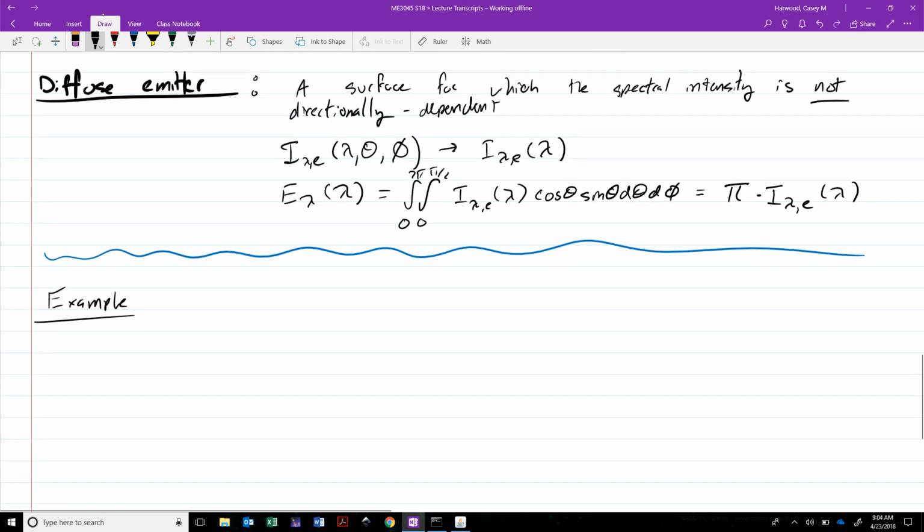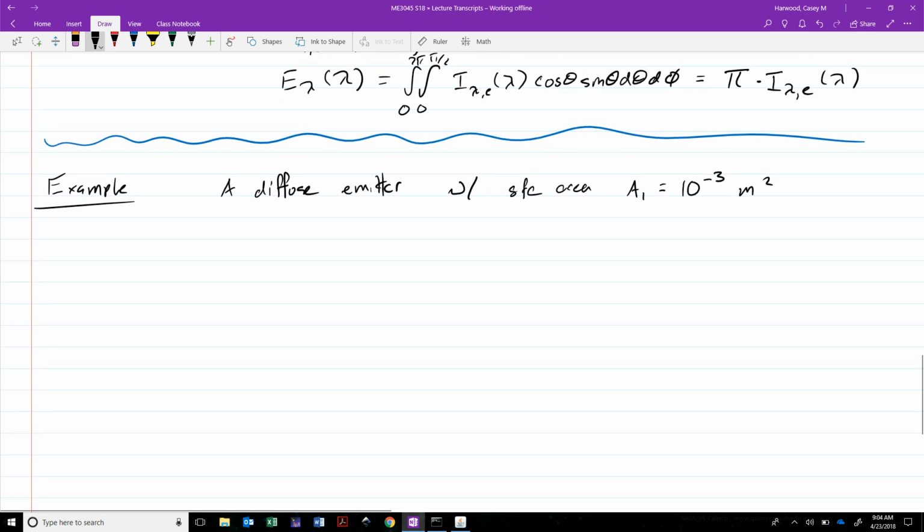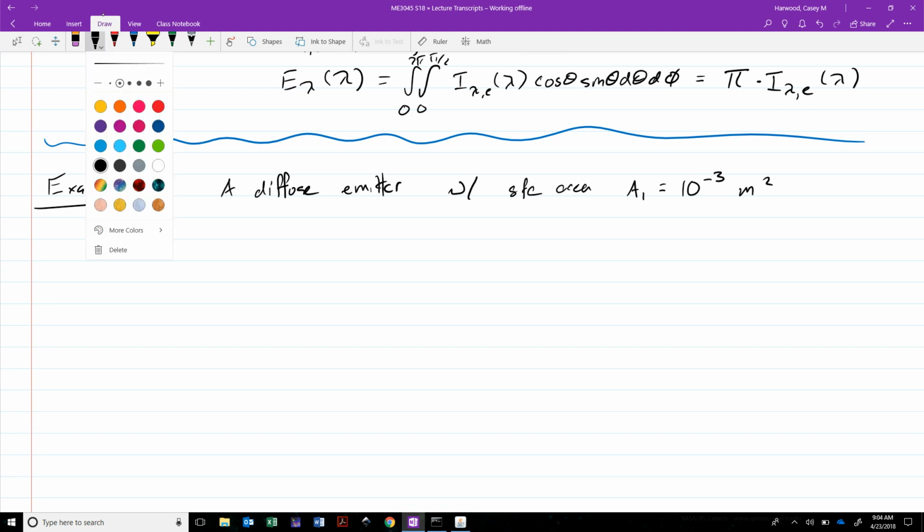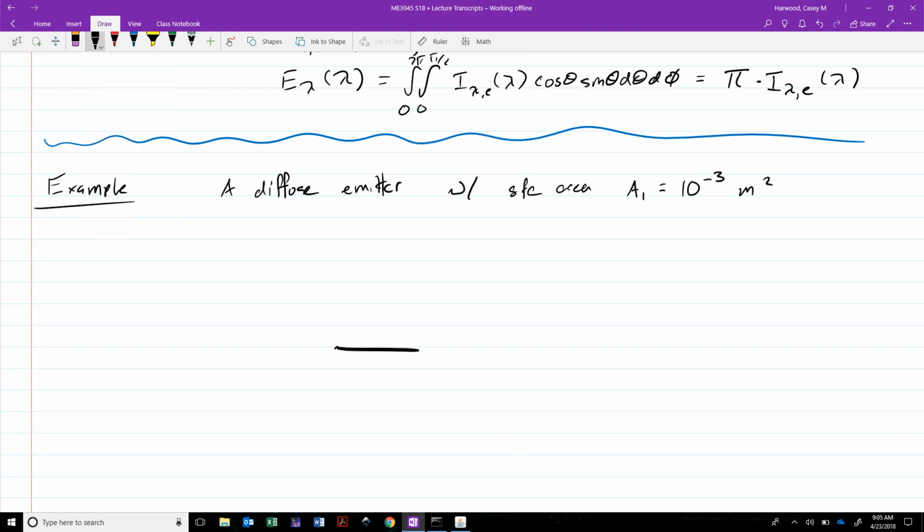So let's imagine we have a diffuse emitter with a surface area A1 equal to 10 to the negative third meters squared.